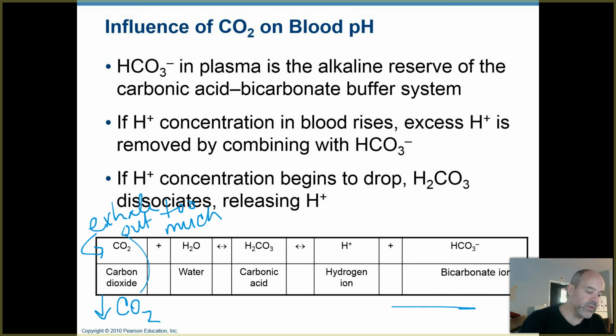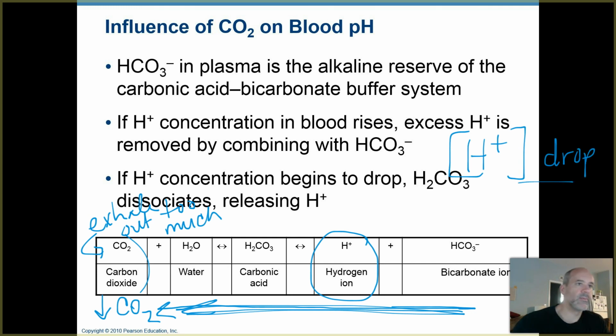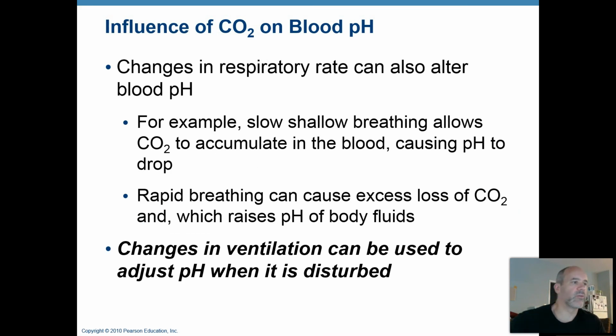Too little CO2 tends to force the chemical reaction in that direction. And if the reaction is happening in that direction, you're going to use up hydrogen ions, so your hydrogen ion concentration will drop. If you put brackets around something like an ion, that refers to concentration. So the concentration of the hydrogen ions will drop, and the pH value will go up if you have a lower concentration of those.